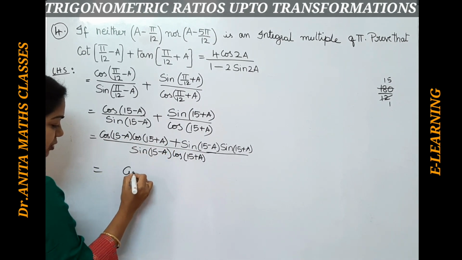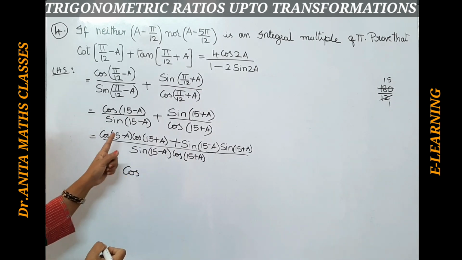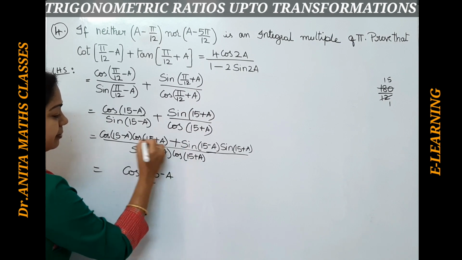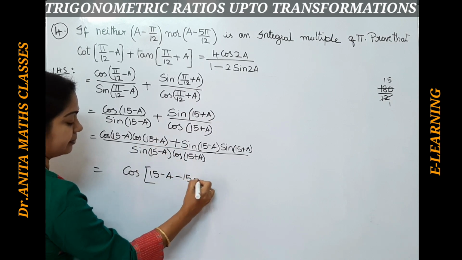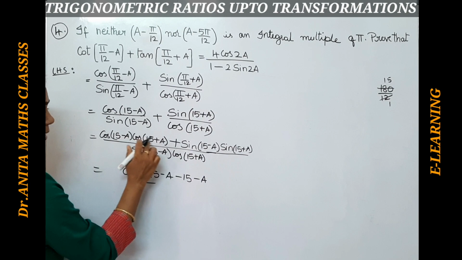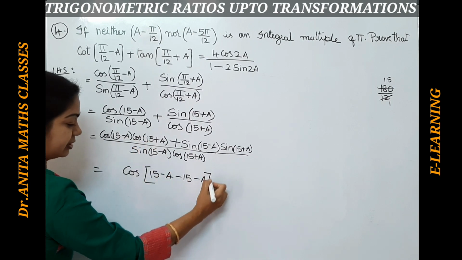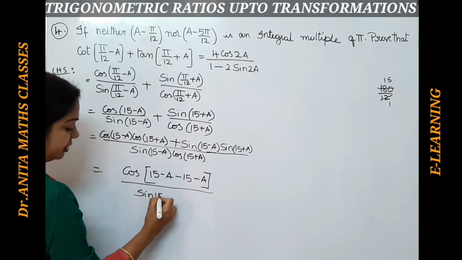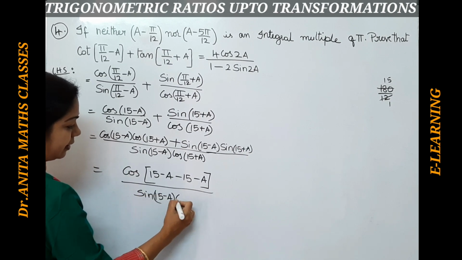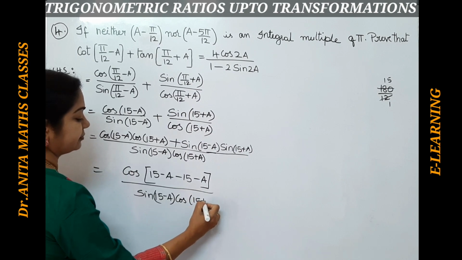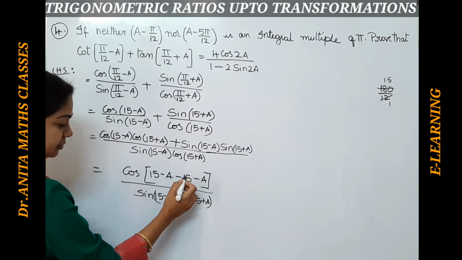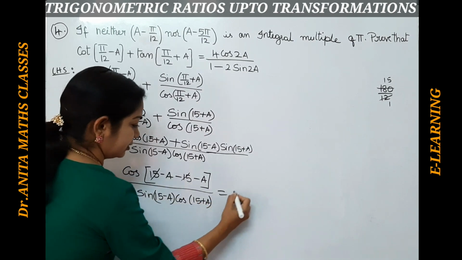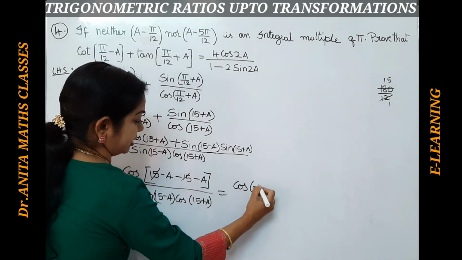So this becomes cos(A minus B), where A is 15 minus a and B is 15 plus a. Below we have sin(15 minus a) cos(15 plus a). So here 15 goes off, and we get cos of minus 2a.